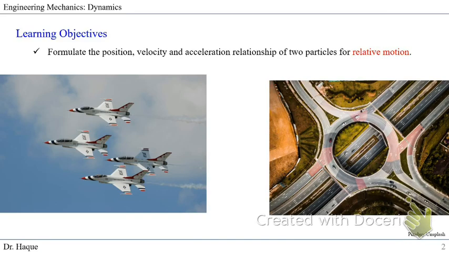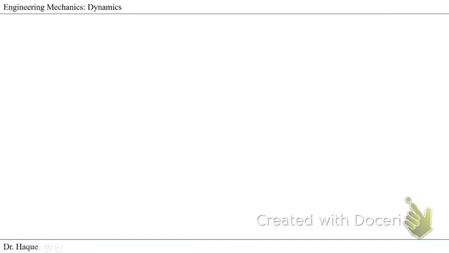For example, if a car is moving in this direction and another car is moving in a circular direction, each of them has a relative motion from the other. So these are some examples where we can apply this concept. Let's derive some relative motion concepts.